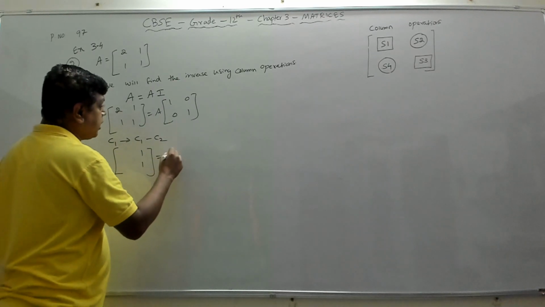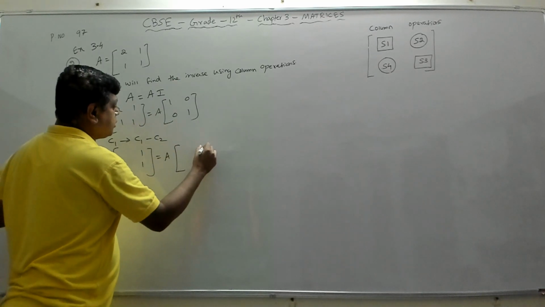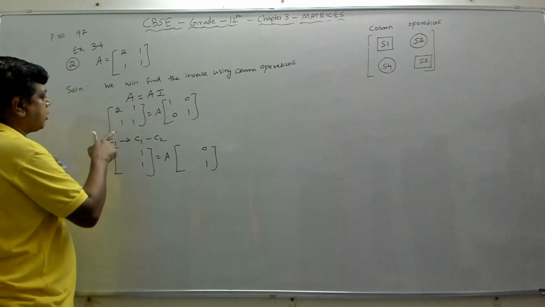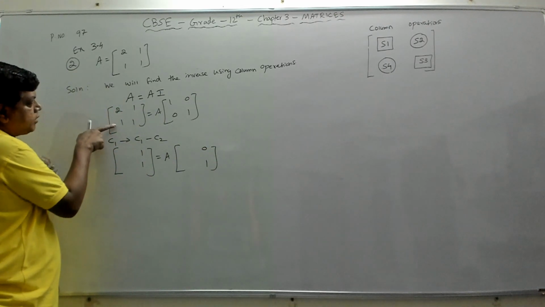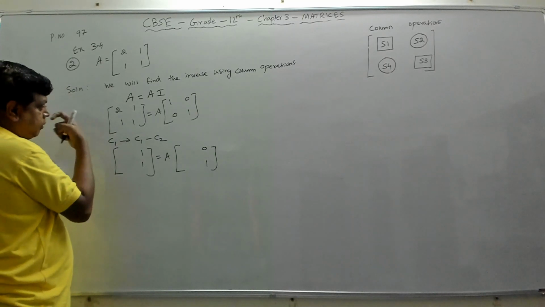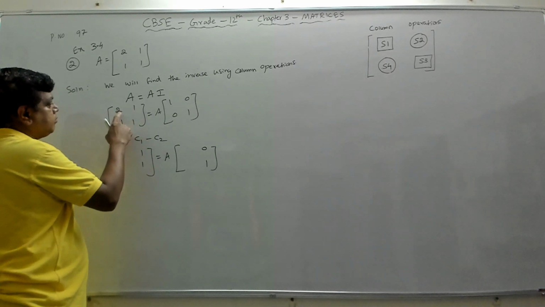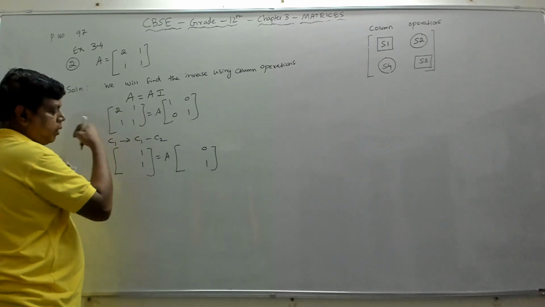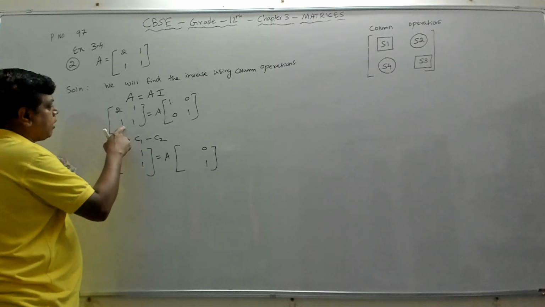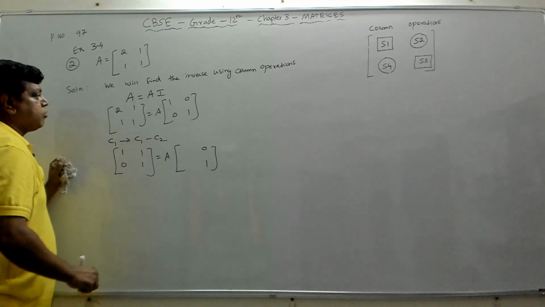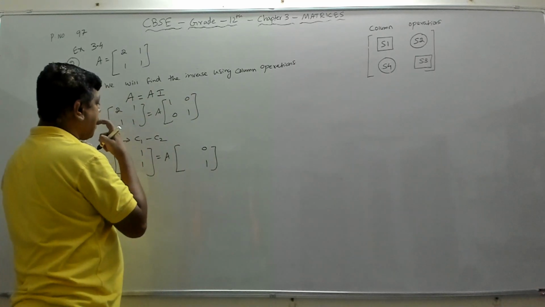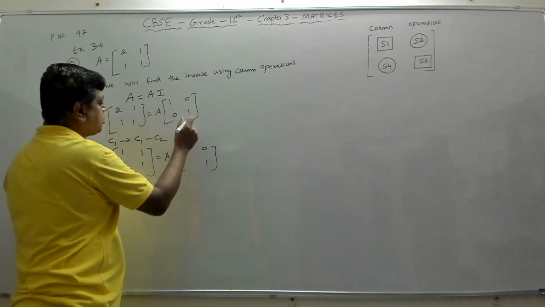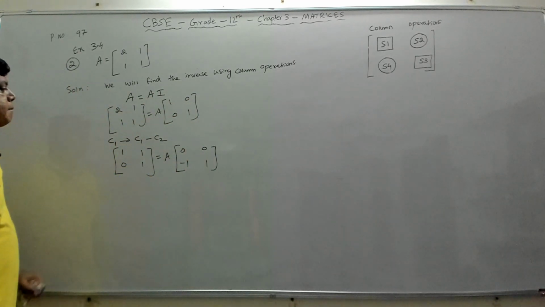So in A also column 2 does not change: 1 and 1. Column 1 is changing: C1 is 2 minus 1, which is 1. Then 1 minus 1 is 0. Here also, 1 minus 0 is 1 and 0 minus 1 is minus 1. Clear?